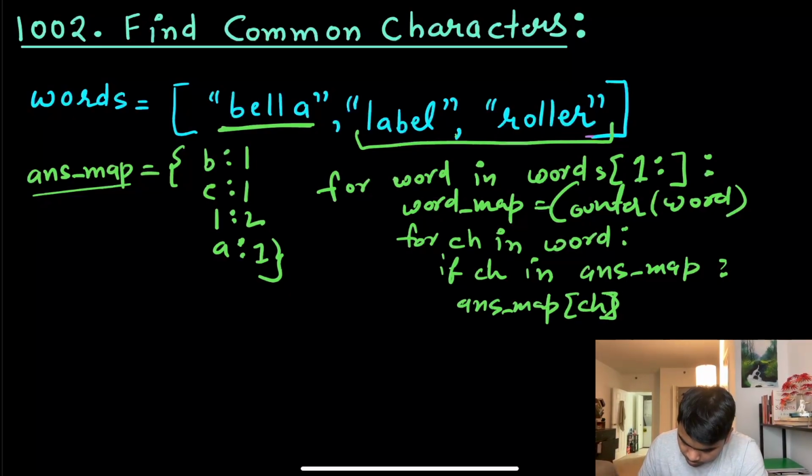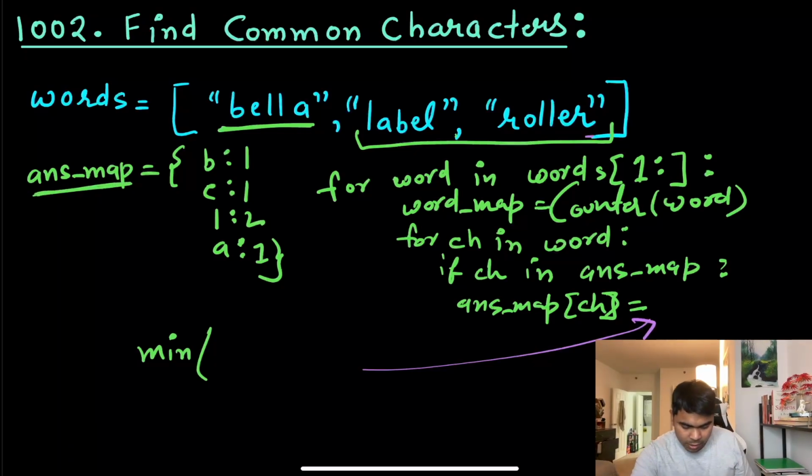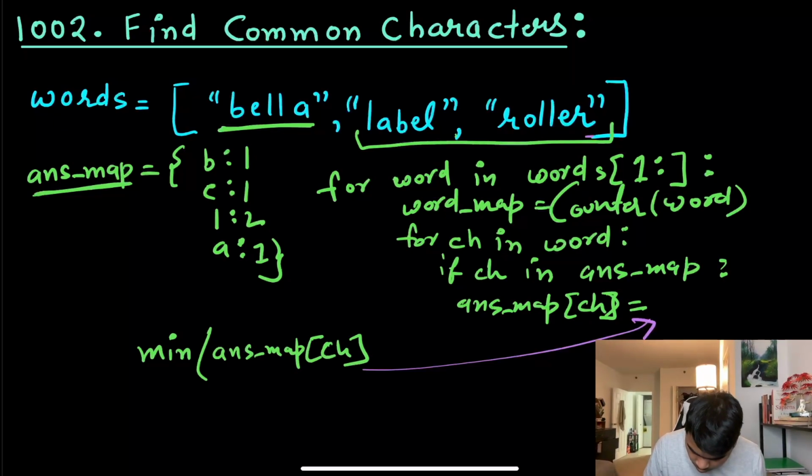Actually I want to write it right here because this is a really important line. So it will be the minimum of whatever value I have in my answer map, that is answer map ch, and word map ch.